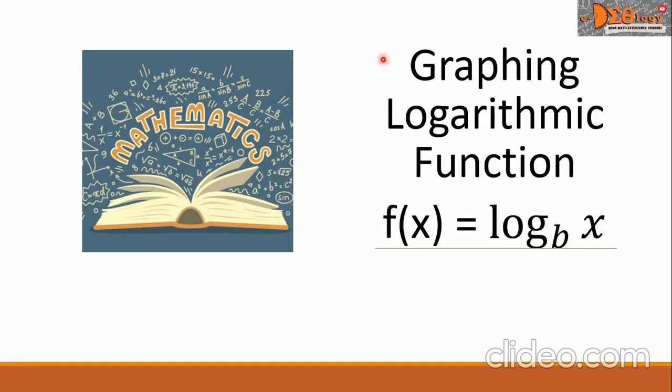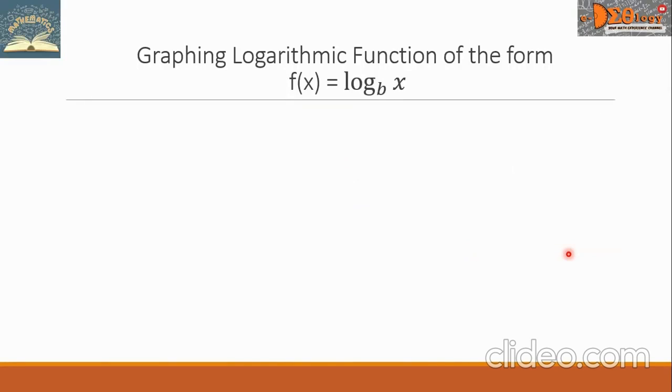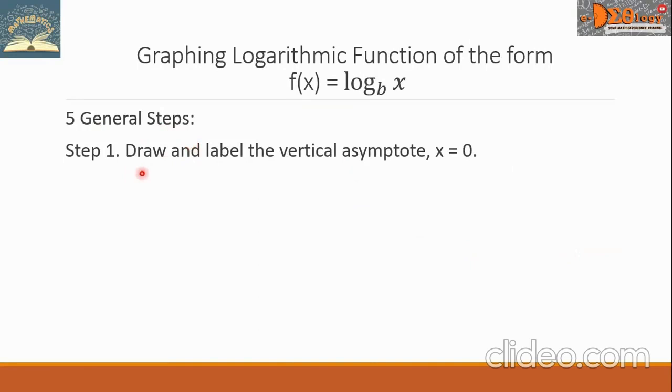Today, we're going to study graphing logarithmic function of the form f of x equals log of x to base b. Here are the 5 general steps. Step 1. Draw and label the vertical asymptote, that is x equals 0.